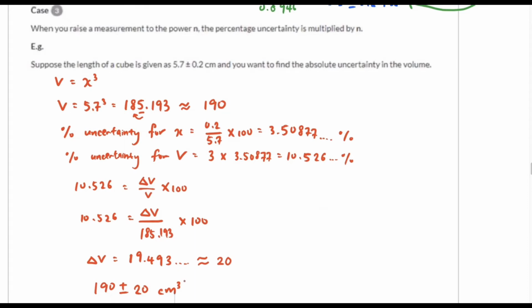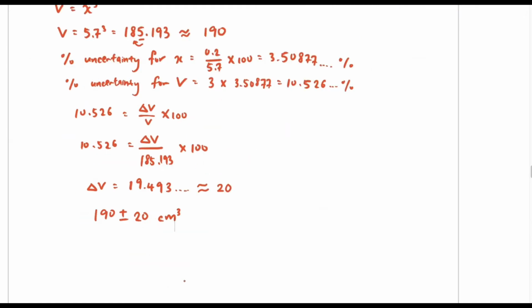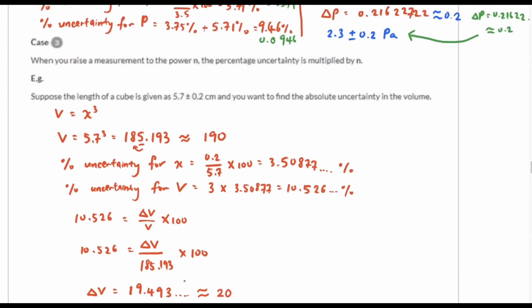Okay, so that is how we handle the power. Percentage uncertainty settled already. Just now I forgot to mention, if you don't want to use percentage uncertainty, you can always use fractional.